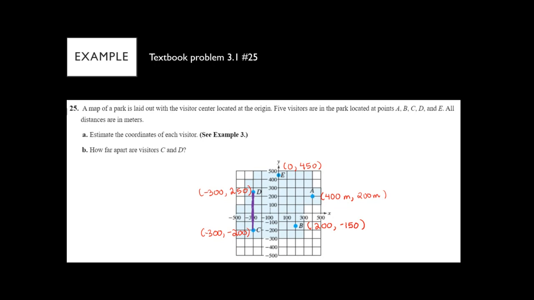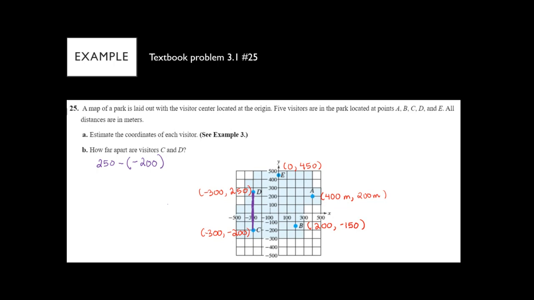So D is at 250. And we always subtract top minus bottom on a graph like this. And we are subtracting. And then the Y value for C is negative 200.